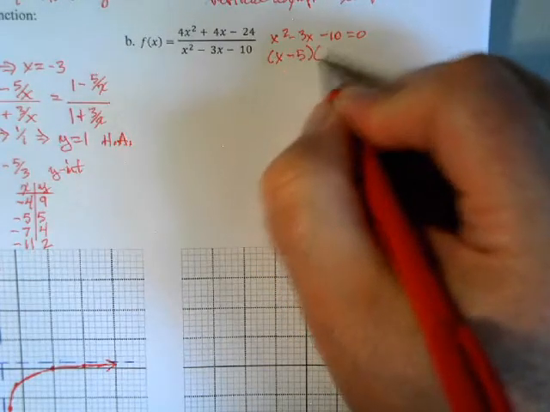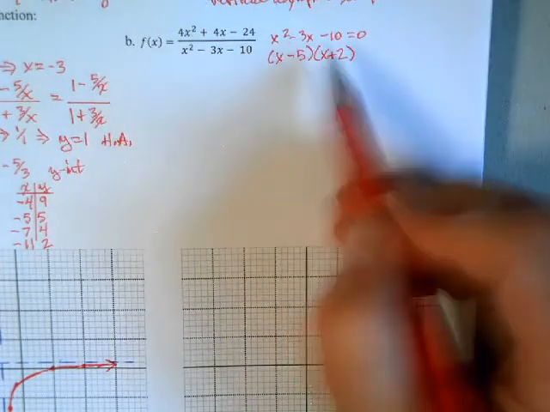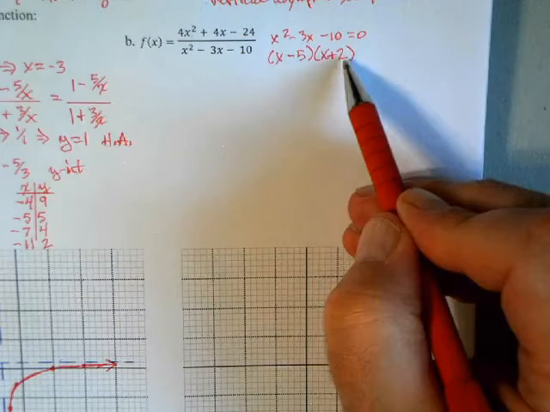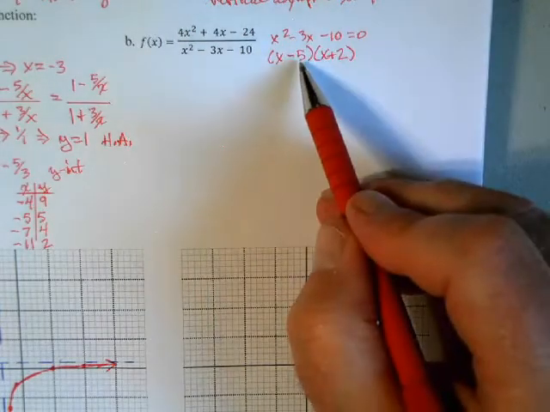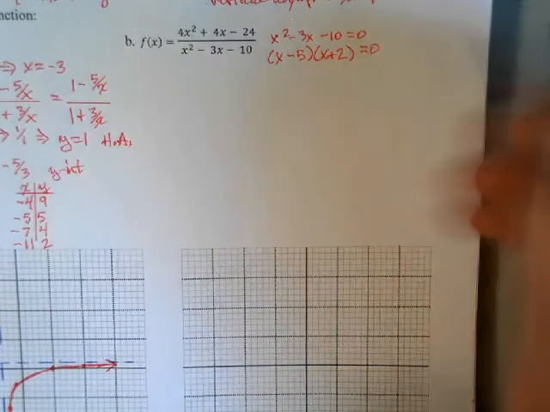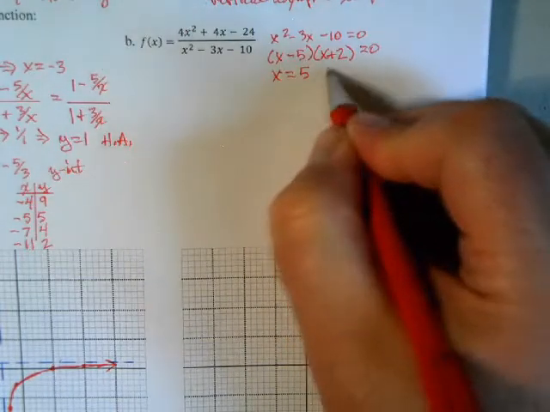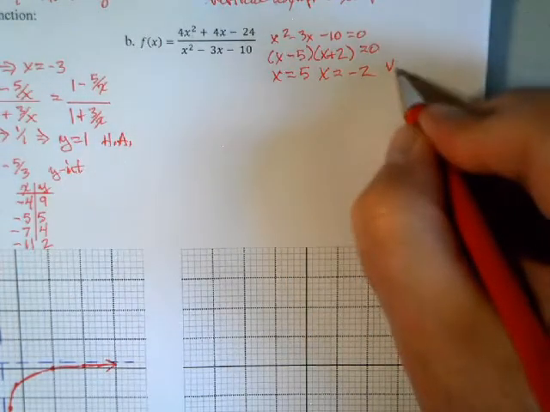The inner is negative 5x. The outer is positive 2x. Negative 5 plus 2 gives me my negative 3. Negative 5 times 2 gives me my negative 10. So this will give me vertical asymptotes at x equals 5 and x equals negative 2.